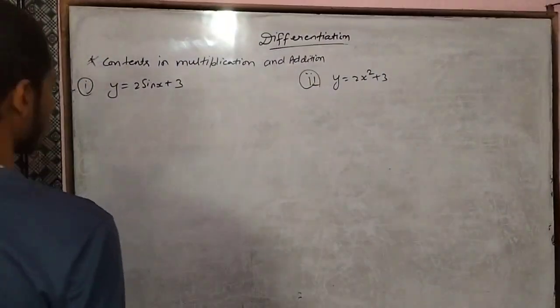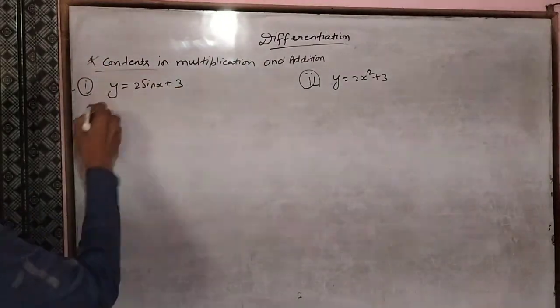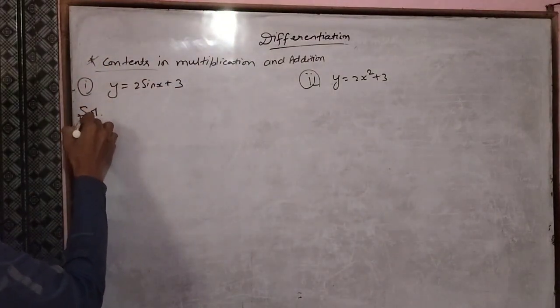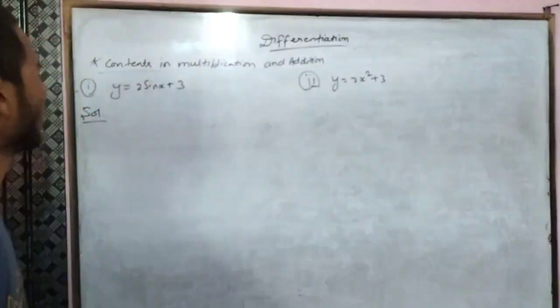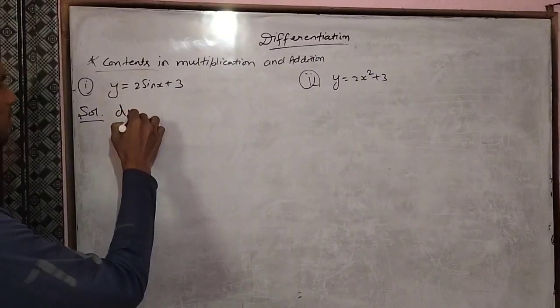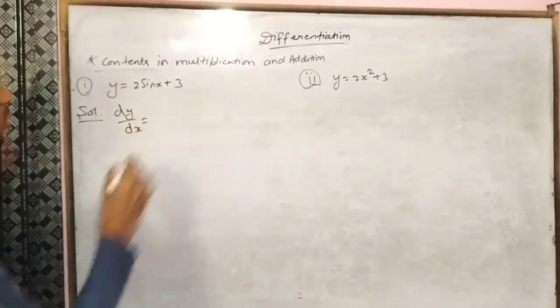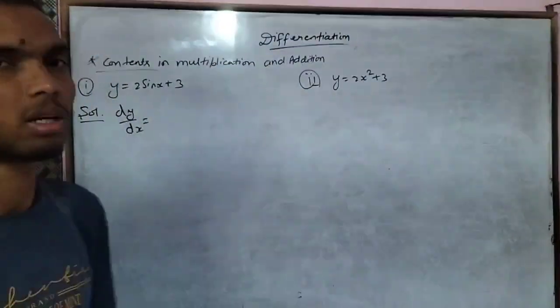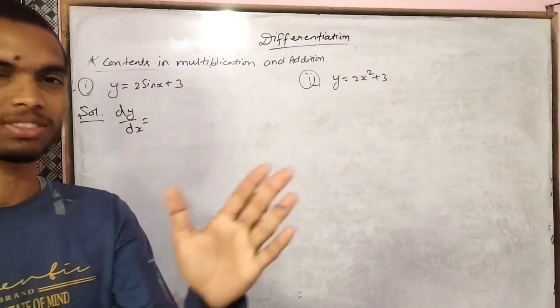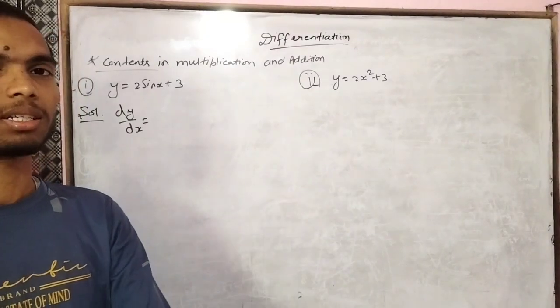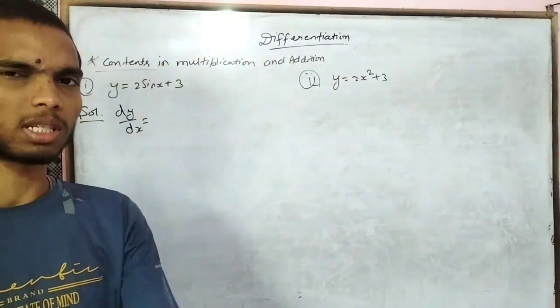Okay, we understood the meaning of this. What is the process to solve it? It is very simple. Divide dx. We use dy by dx, and it is saying the change of the y variable with respect to the change in x.